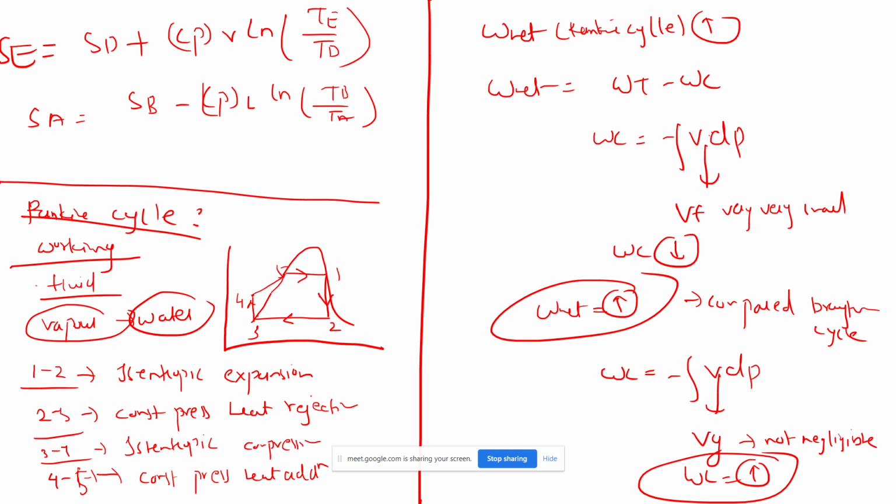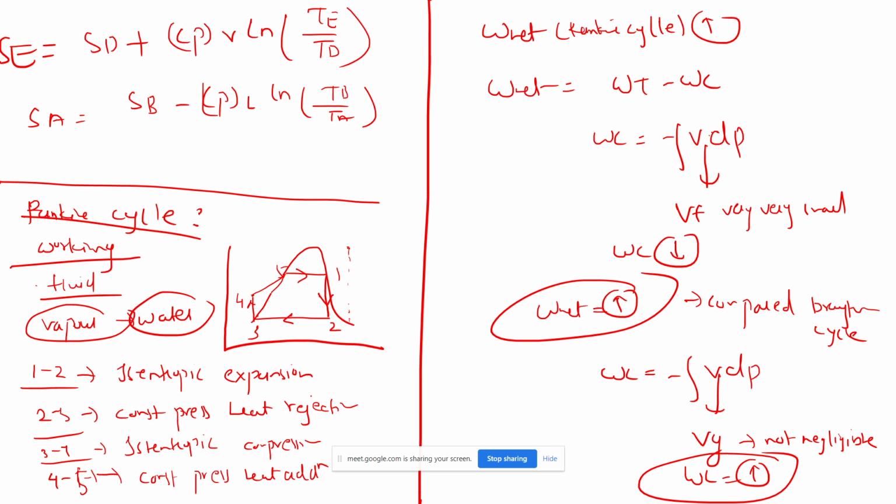That's why it is coming in the wet region, because the 1 to 2 process is an isentropic process, so entropy will remain the same. If the steam is in the superheated region, like a point here, then it can stop here or it can stop here. That we have to calculate; they will give the pressure at which it will stop. In the question they will mention each and everything.